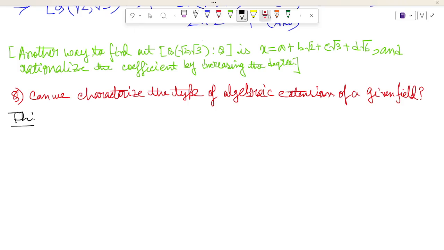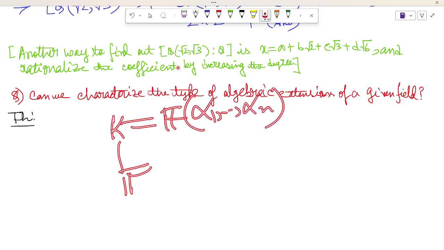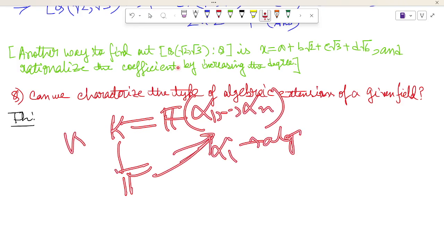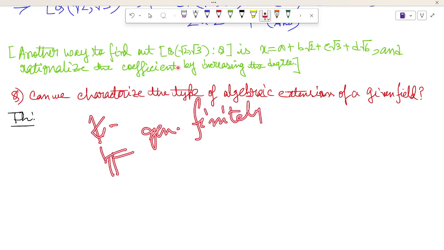Actually, let me tell you first. It is a finite extension if K is finitely generated and each alpha i is algebraic. That means K is algebraic over F if K is generated by a finite number of algebraic elements. Then the extension is a finite extension.